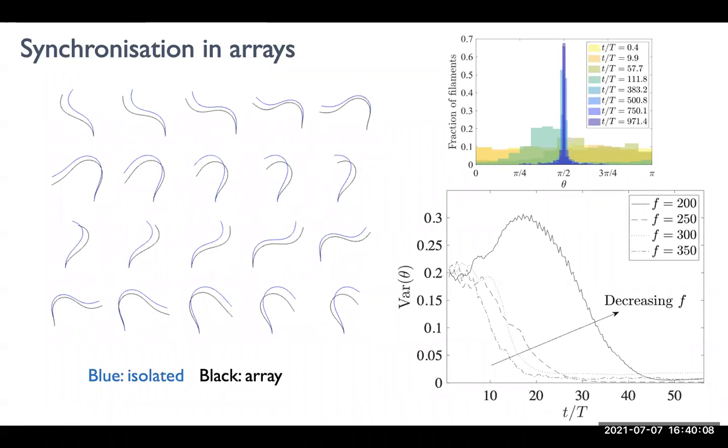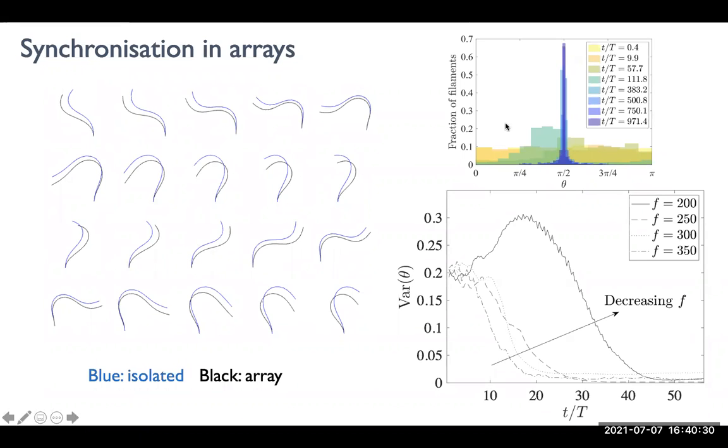The shapes are broadly the same, but if you look at the curvature in a bit more detail, the curvature is a bit higher towards the base. So you get the same shape, but it's a bit bent over in one way or another, and I guess this is a result of the interactions with their neighbors.